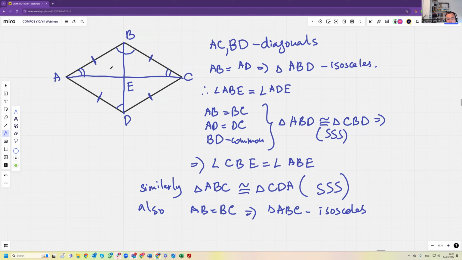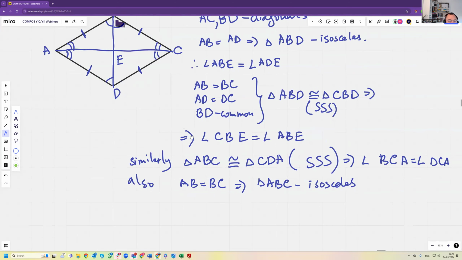That means that these angles are the same. But also because these triangles are congruent, ABC is congruent to CDA, that means that angle BCA is equal to angle DCA. So this angle is the same, and this angle is the same.